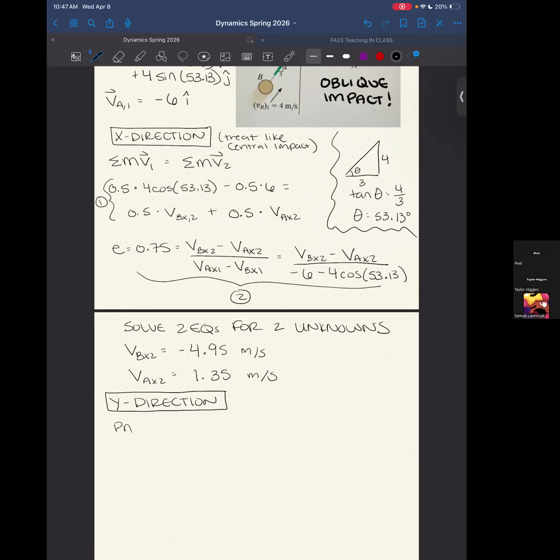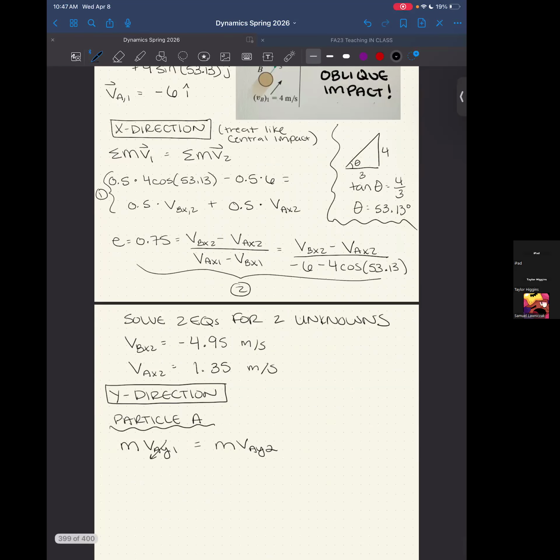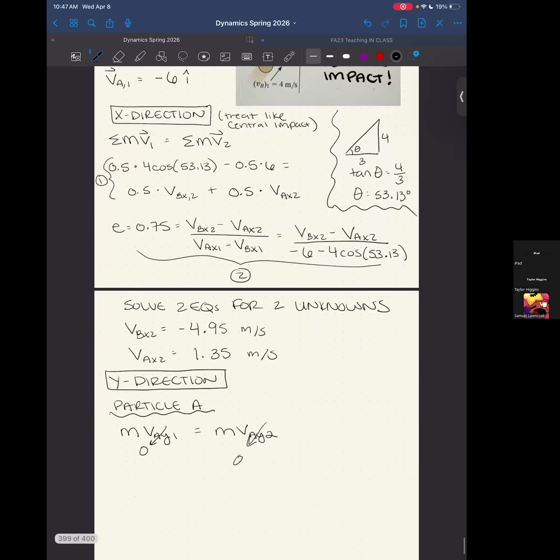So for particle A, VAY1 equals VAY2. Well, particle A doesn't move in the Y direction at all beforehand, so it doesn't move at all in the Y direction after.